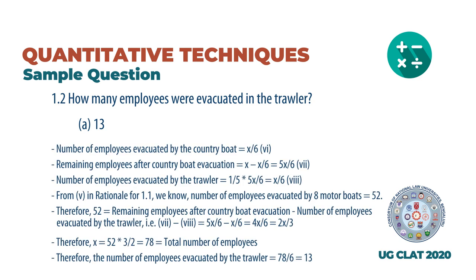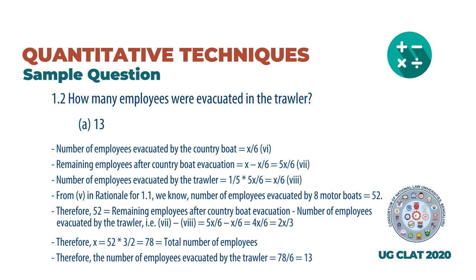If the total number of employees is X, the number of employees evacuated by the country boat is equal to X divided by 6. Let's set this aside as calculation 6. The remaining number of employees after the country boat evacuation is equal to X minus X divided by 6, which is equal to 5X divided by 6.